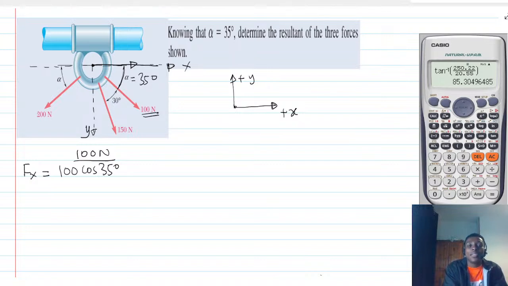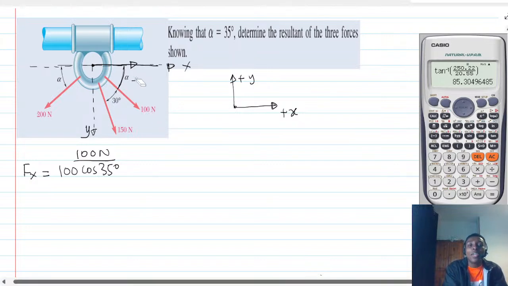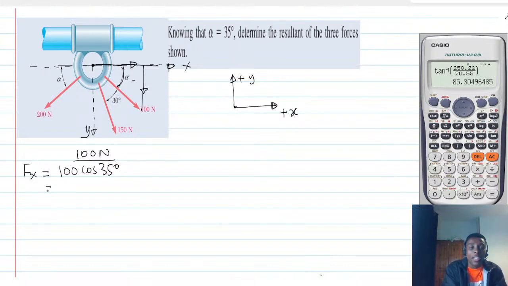But the y component of the force will come down like this. Because the y component is coming down, it's going to be against the positive y-axis, right? But then let's calculate the value for the x-axis. And what is it? 100 cosine 35.